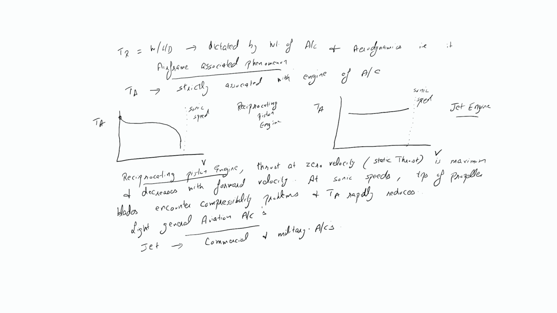Now let me draw the curve for both thrust available and thrust required to give you a brief idea. So this is, for example, thrust required. This is the velocity. Now, if we have partial throttle, that means the pilot has only used partial throttle, the thrust available curve will be in this way.